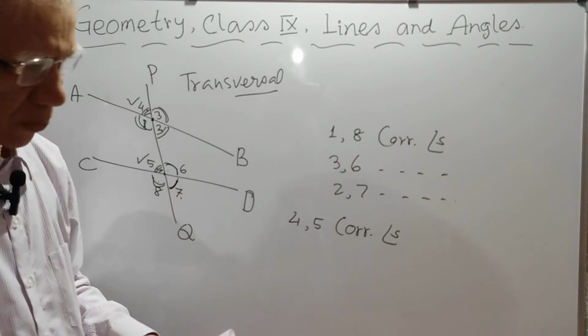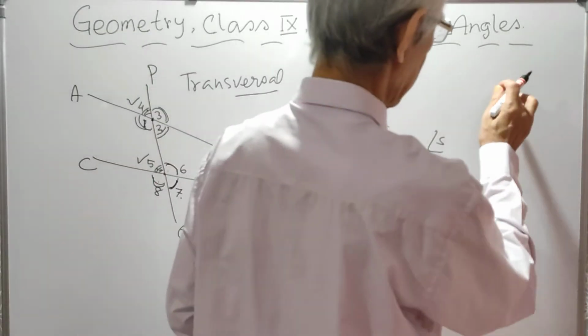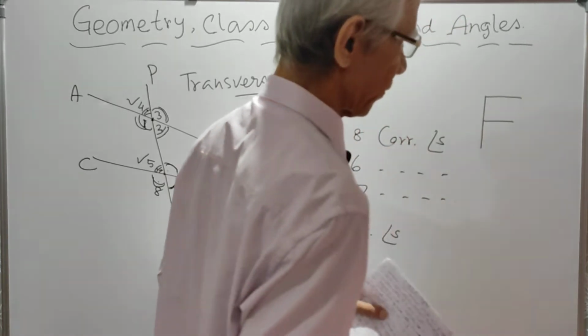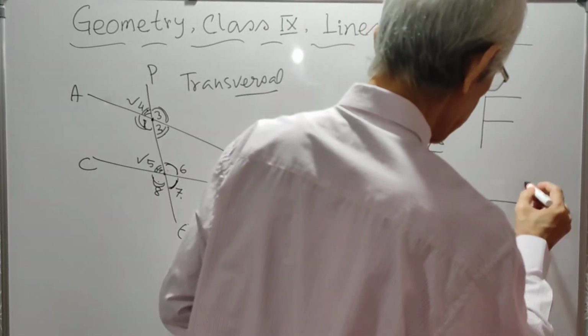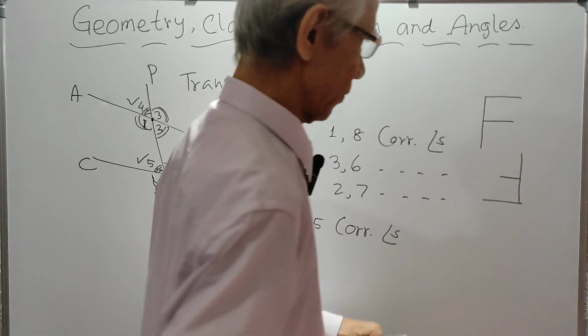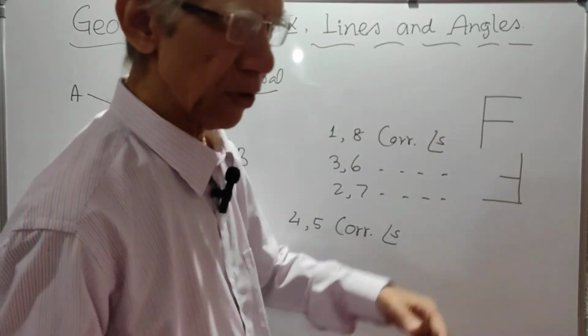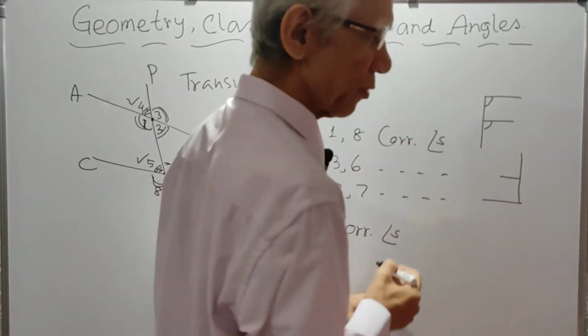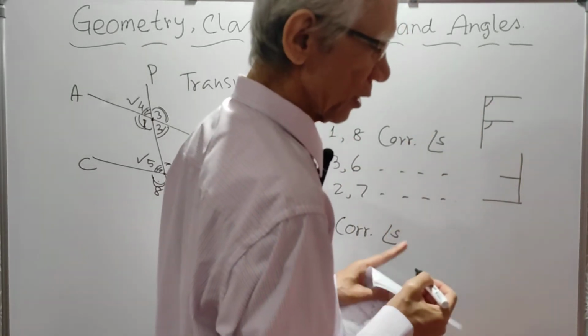Now to remember corresponding angles, there is a trick. Just imagine the letter F, or the inverted F. Now this angle and this angle are one pair of corresponding angles.